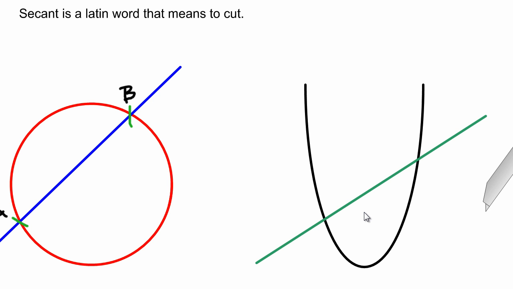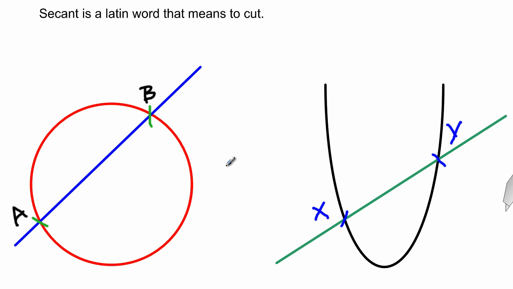Let's say the line cut the curve at this blue point, and let's call that point X, and it cuts it here also, and let's call that point Y. So we call the line XY a secant to the curve because it cuts the curve in two different places.